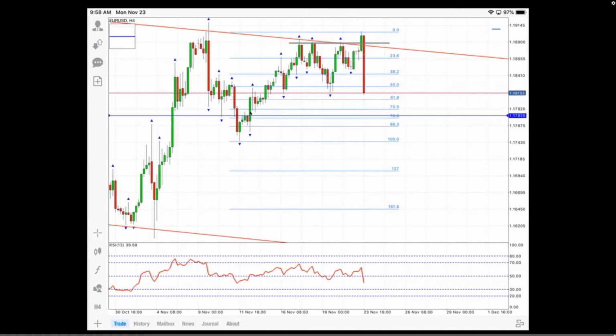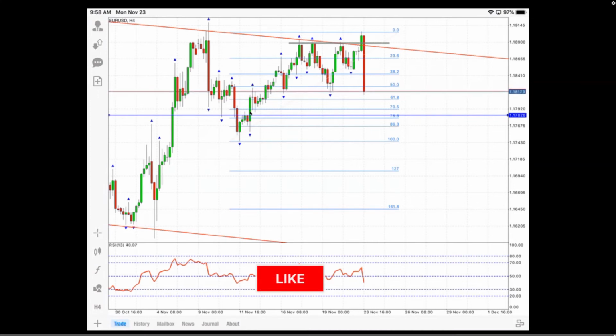I'm at 1.1782. The 78.6 is midway through that institutional candle, but personally, I don't mind 5 pips of drawdown because I've been in way more than that in my career. The less, the better, but I think this is going to be a great trade. So I do want to get ticked in.